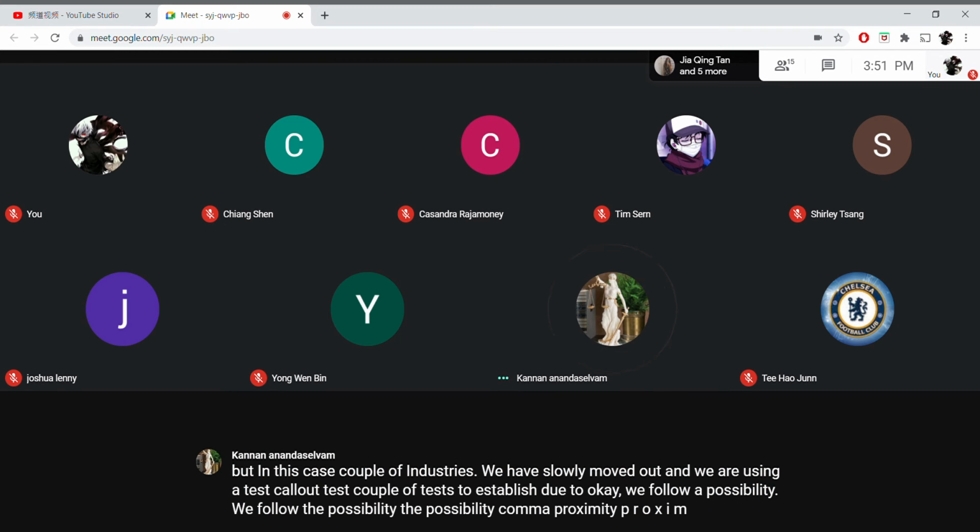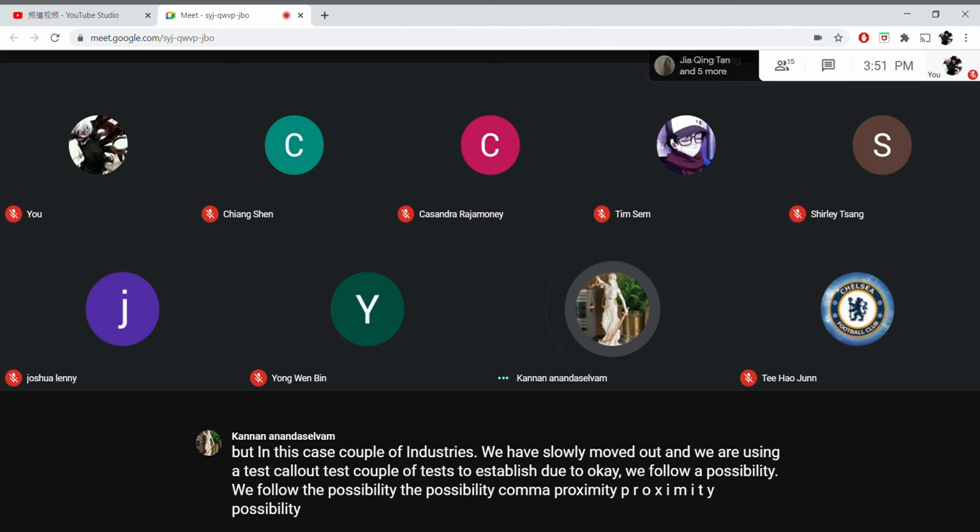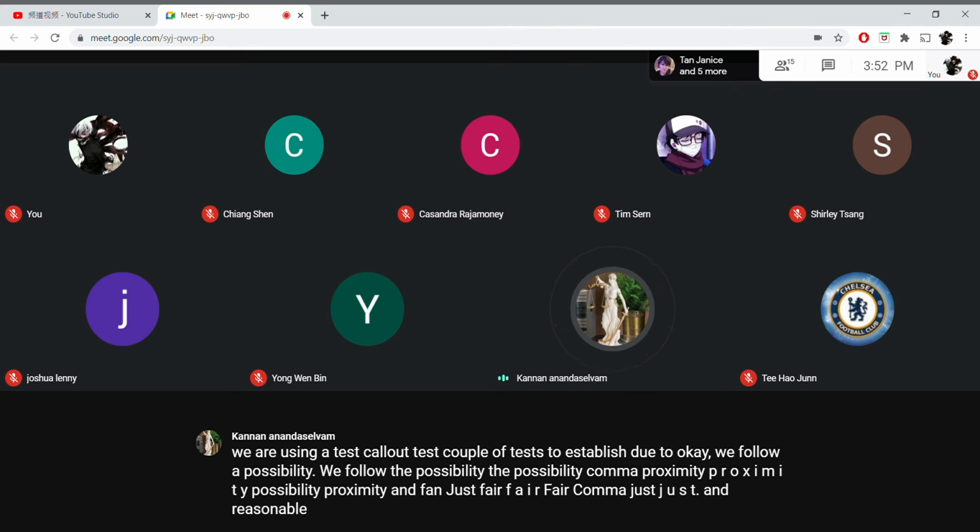Proximity. Possibility, proximity, and fair, just, and reasonable, to establish duty of care.